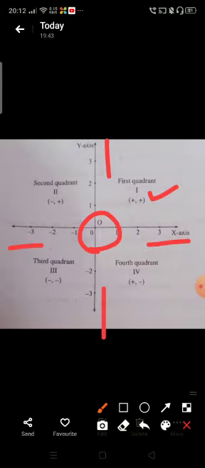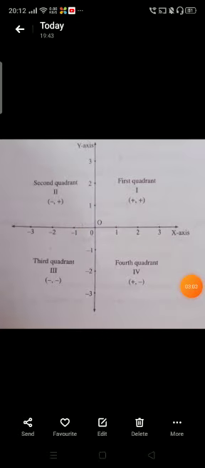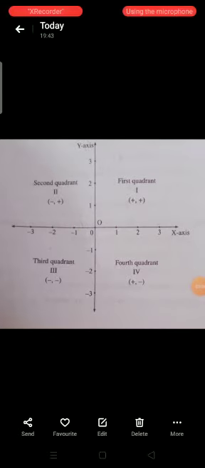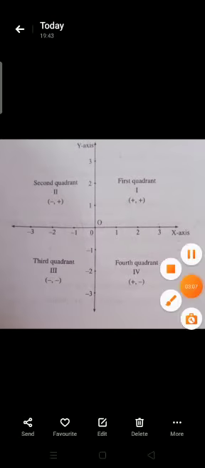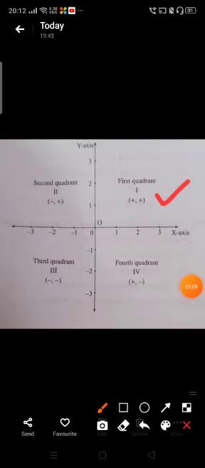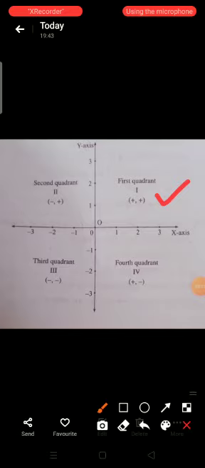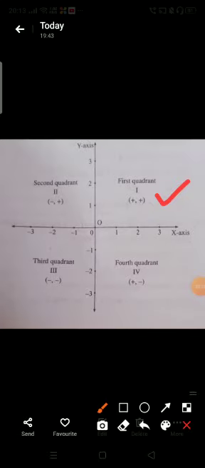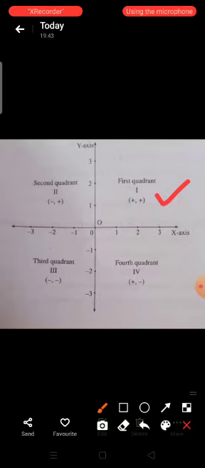Okay, students, now we have seen this first quadrant is over here. After this, while solving the practice set, we will see the quadrants go anti-clockwise.